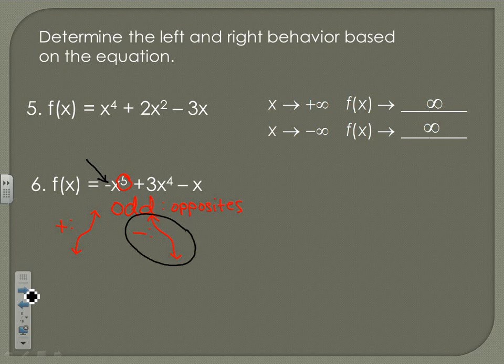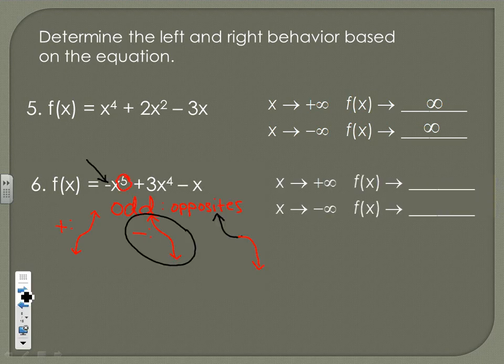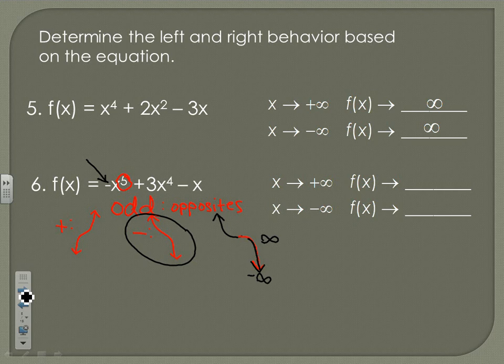So no matter what's going on in the middle, on the left-hand side, it's going to be going up, and on the right-hand side, it's going to be going down. So to describe that end behavior, as x approaches positive infinity, as we go towards positive infinity, my arrow for that one is going down, so it's approaching negative infinity.